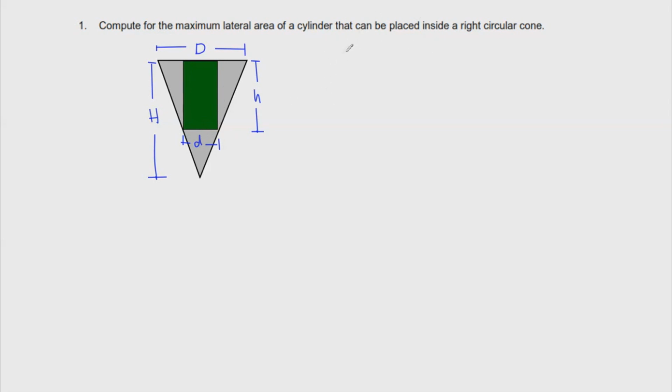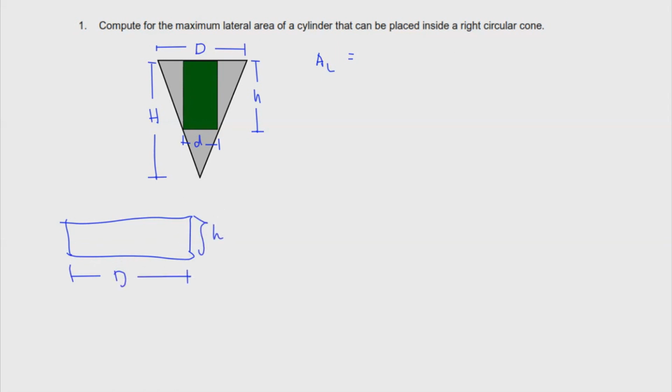So basically, if we're asked to find the lateral area or the maximum lateral area, we just have to take the circumference of that cylinder and then multiply that with the height of the cylinder. If you would imagine this and cut the cylinder vertically, you'll be able to flatten that cylinder in such a way that this is the diameter and then this is your height.